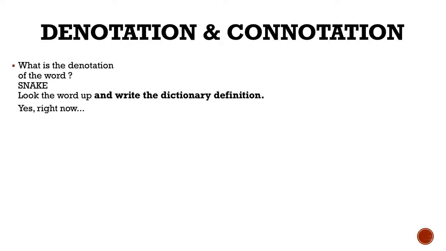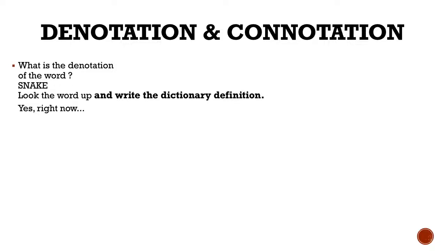Okay, so what is the denotation of the word snake? So you want to look that up and write the dictionary definition of the word snake, and that will help you as we move forward in terms of denotation and connotation.